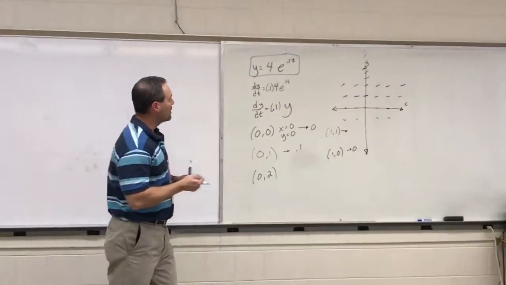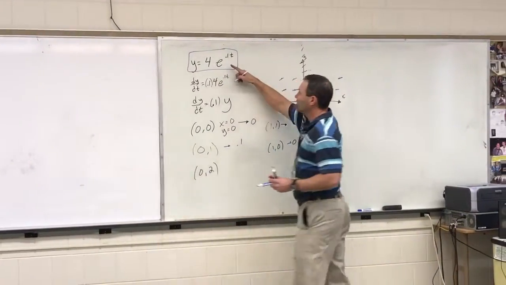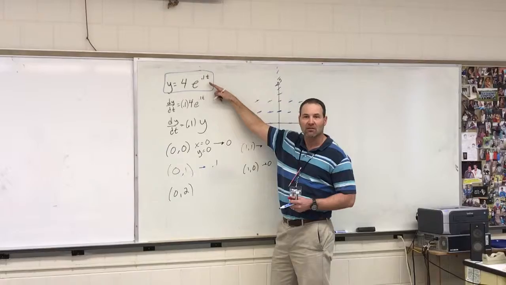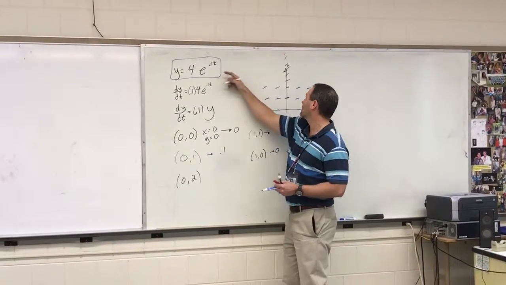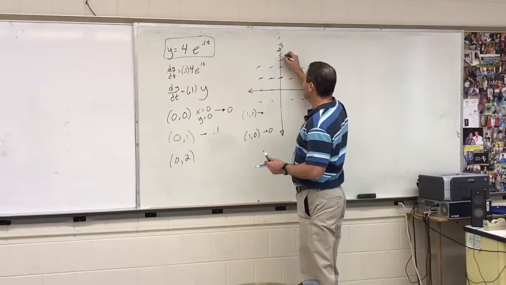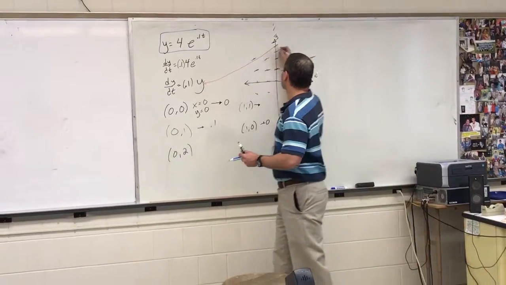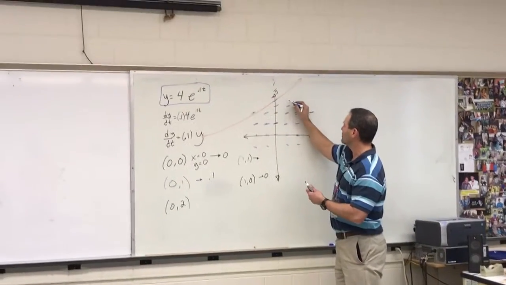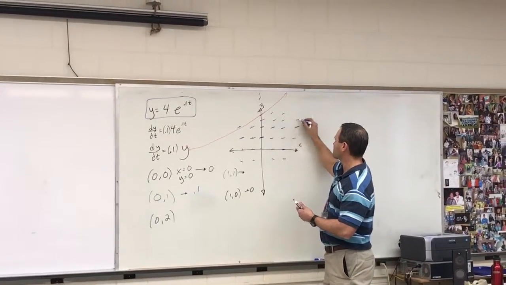Okay, so if I plug in 0 for t, I get 4, right? So the y-intercept of that is 4. It's going to go 1, 2, 3, 4. You can see that it kind of shows the slope of the curve as it goes through it.